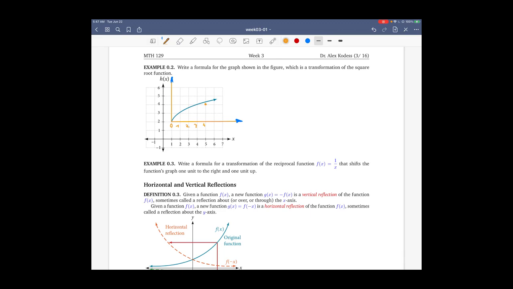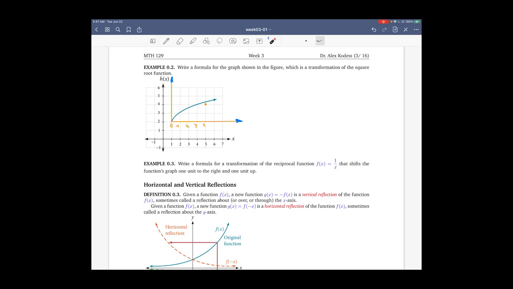And we can easily see what happened with the coordinate axis. The origin moved 1 unit to the right, horizontally, and 2 units upward.